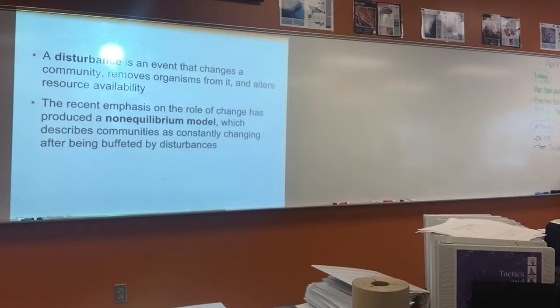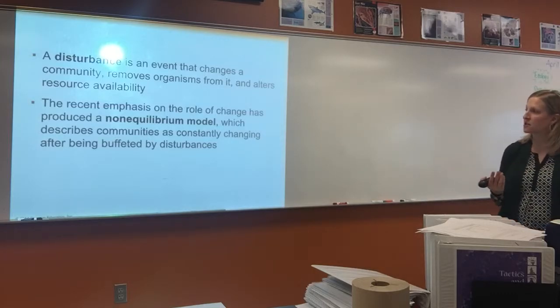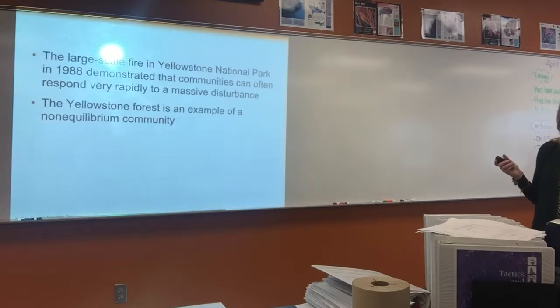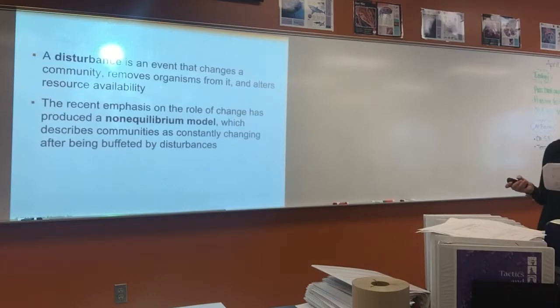So an example of a community that can respond to a disturbance. I'm going to go through Yellowstone National Park. All right, so when we look here, the non-equilibrium model.